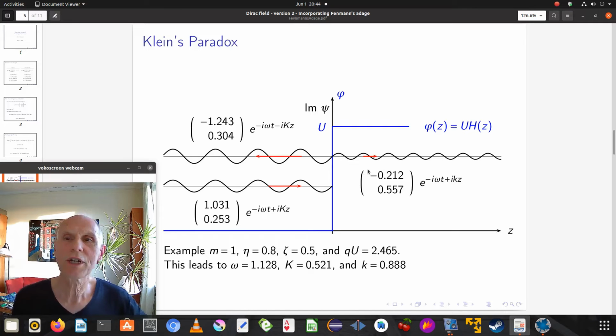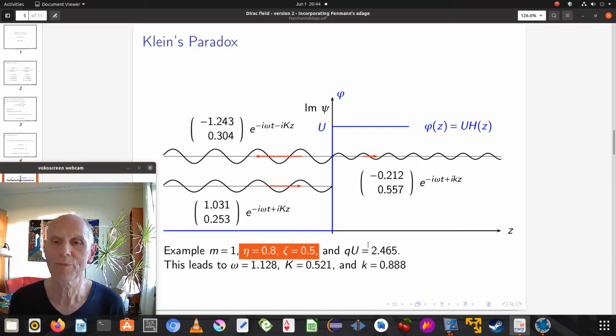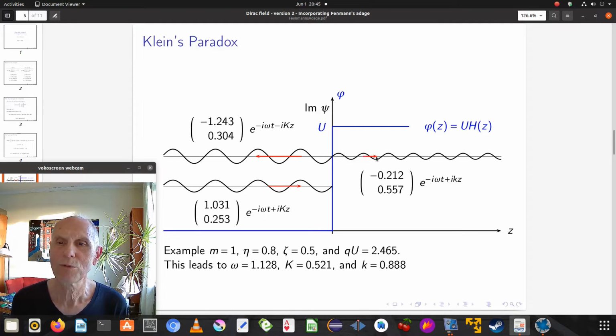What we should do to check whether it works is, of course, to submit it to Klein's paradox. So we take the same example we had in the last installment, Dirac 1, and actually we do have a change. The antiparticle here, we have a change in direction of the flow.